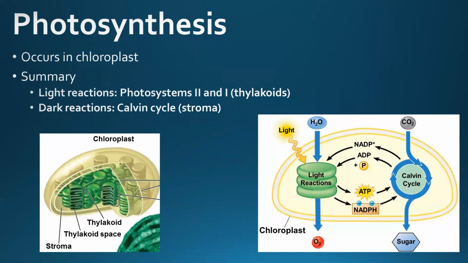All right, so when you look at the summary slide of photosynthesis, okay, again, it looks like a lot is going on here, but remember, at the end of our discussion today, you should be able to explain exactly what is going on in this reaction.